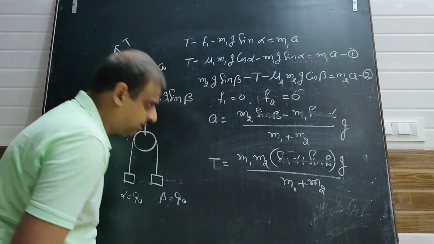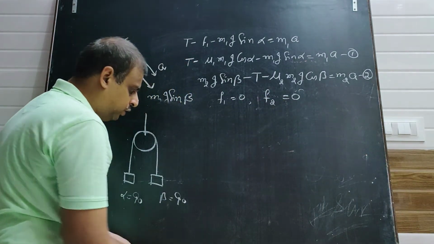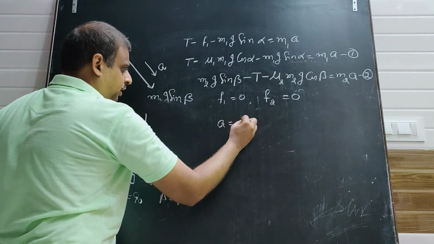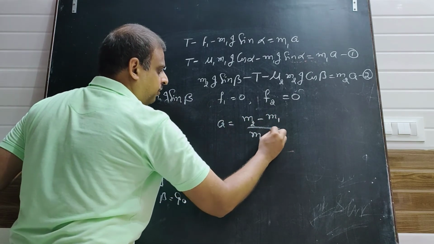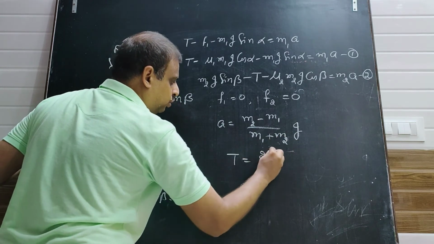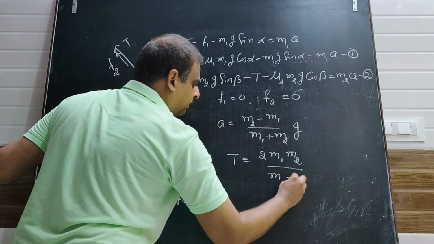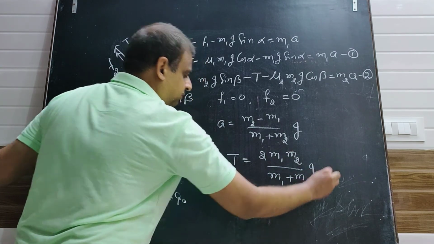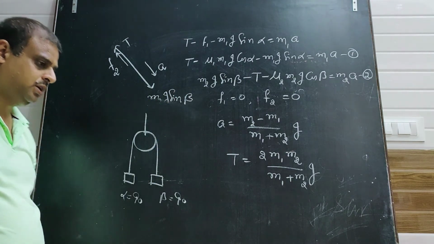So we will get the value of acceleration equal to m2 minus m1 upon m1 plus m2 into g, and T is equal to 2 m1 m2 upon m1 plus m2 into g. So this is the value of acceleration.